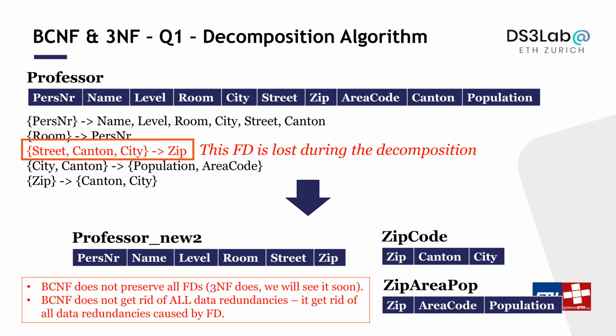So these are the two properties of BCNF. First, it doesn't preserve all FDs; you could lose FDs during decomposition. And second, it gets rid of all redundancies caused by FDs. It doesn't mean it gets rid of all redundancies, but it gets rid of all redundancies caused by functional dependencies.